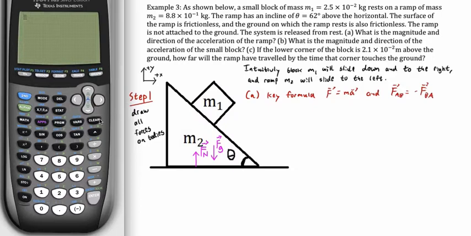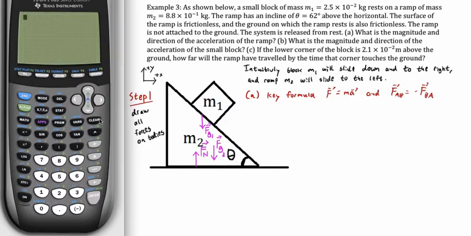We also have the acceleration of the ramp, but we'll worry about that later. But then the ramp is also experiencing a gravitational force exerted by m1. So I'll draw that like so. This right here is Fg1, and this one is Fg2. Those are all the forces acting on M2: 3 forces, normal force and 2 gravitational forces. Because again, there's no friction, so no other forces.